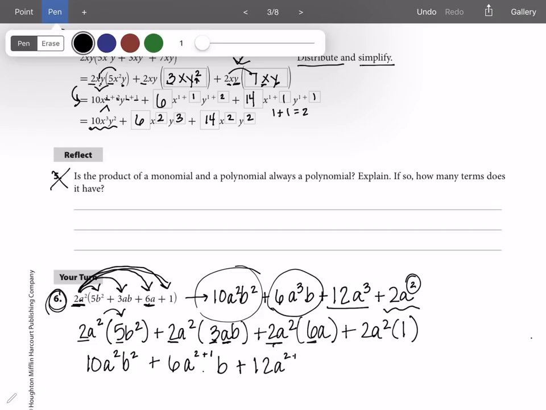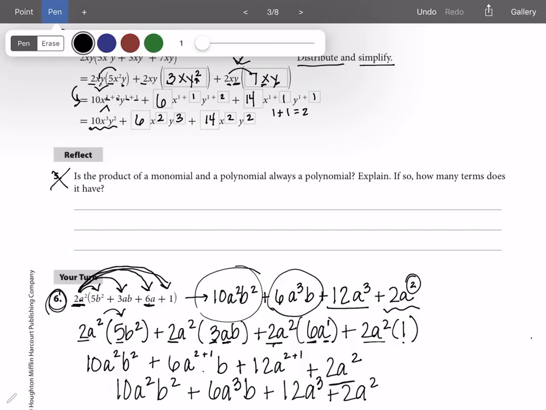I have a squared plus 1 more a here, because that's a 1, plus 2a squared, because 2a squared times 1 is just 2a squared. And so if I simplify that, I have 10a squared b squared plus 6a cubed b plus 12a cubed plus 2a squared. And that would be my final answer.